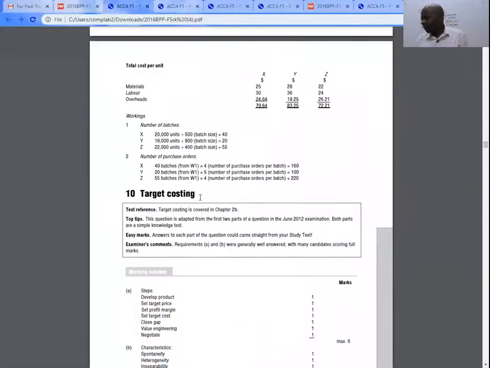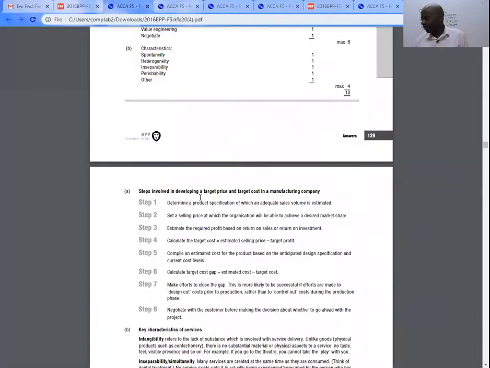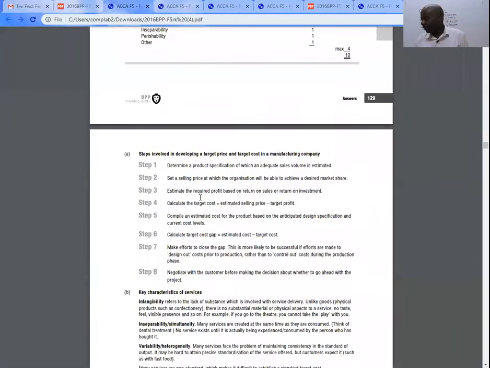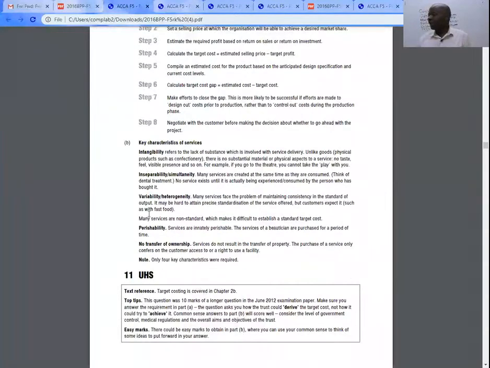So like now, this is page number 130, especially on the key characteristics of services.